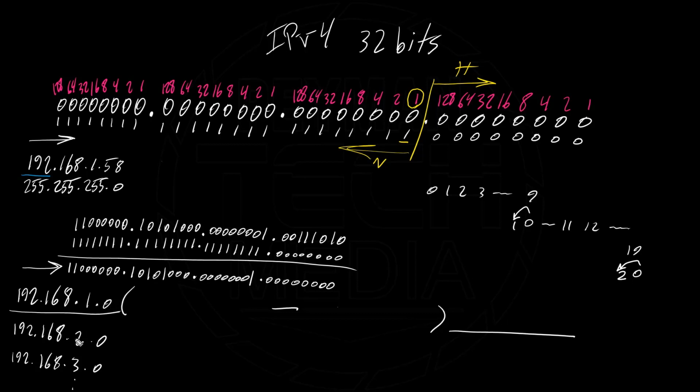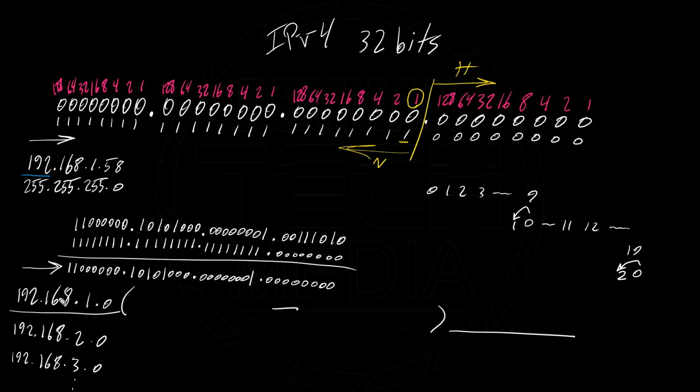For example, you see how here is 2.0. What is the maximum, the last value in one octet? The range goes from 0 to 255. If we add one IP address, what happens? It turns to 0 and adds 1 to the octet on the left side, which here is 2.